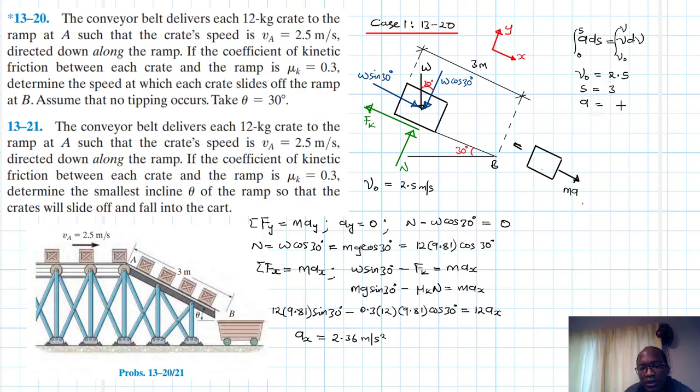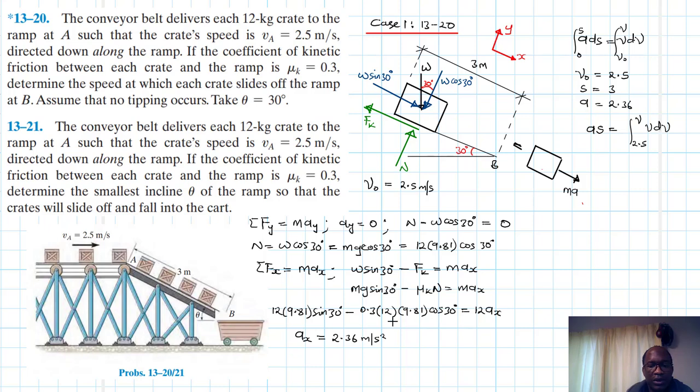Our acceleration is equal to 2.36. That's about it, right? So this becomes a s equal to the integral from 2.5 to v of v dv, like so.